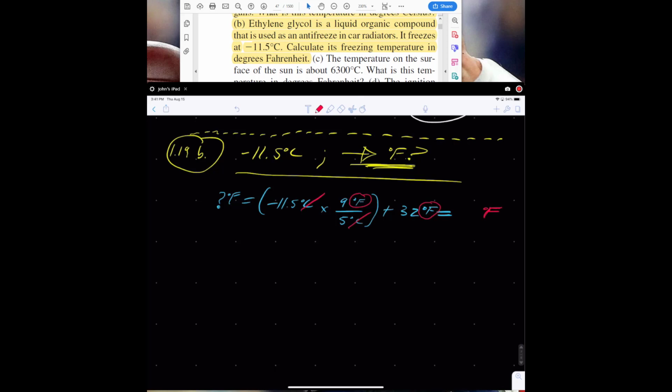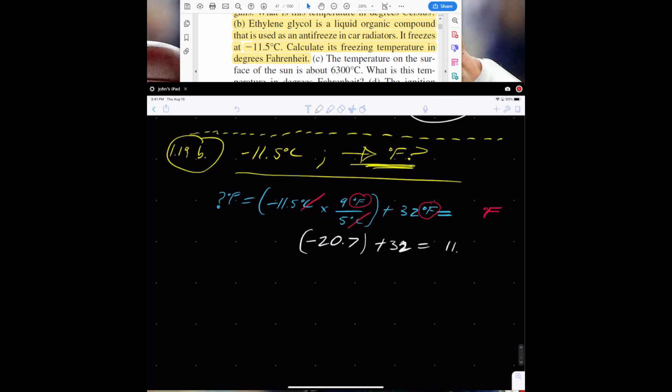Okay. So if we want to plug that into the calculator, negative 11.5 times the fraction of 9 over 5, that should give you an answer of negative 20.7, but then we have to remember that we're going to add it to 32, right?